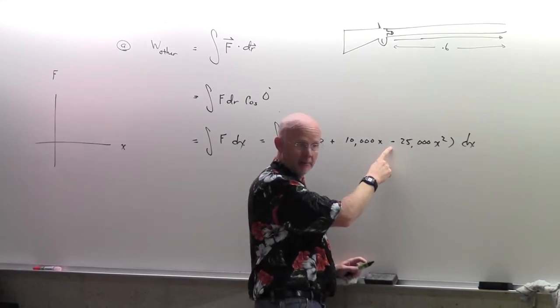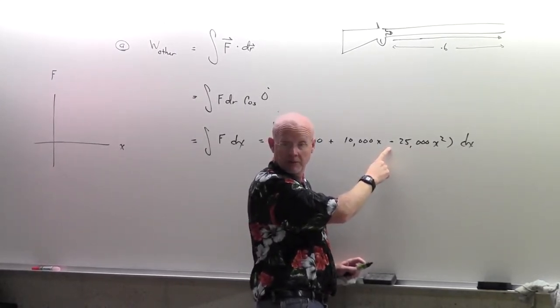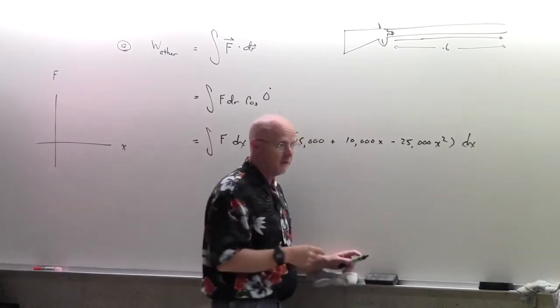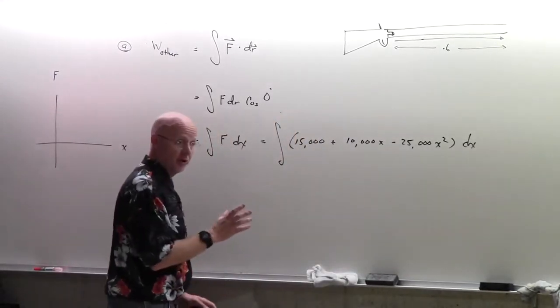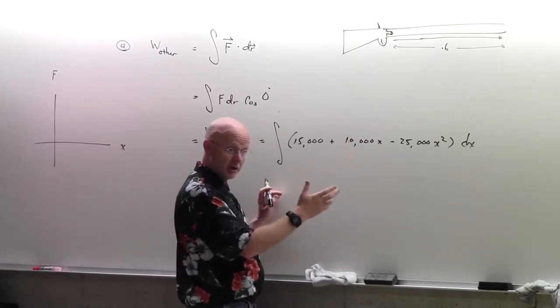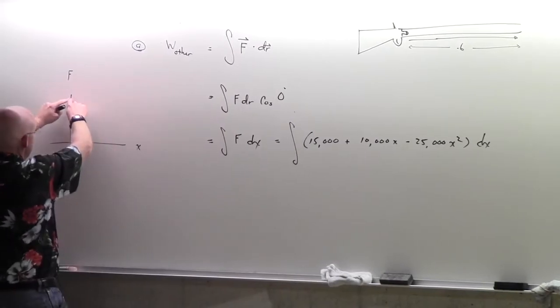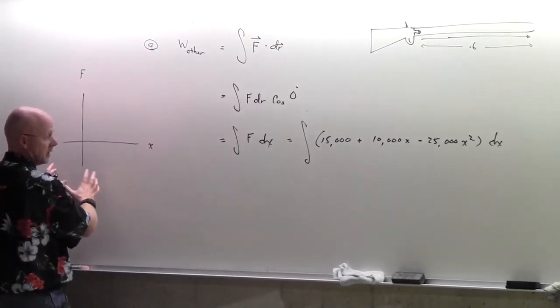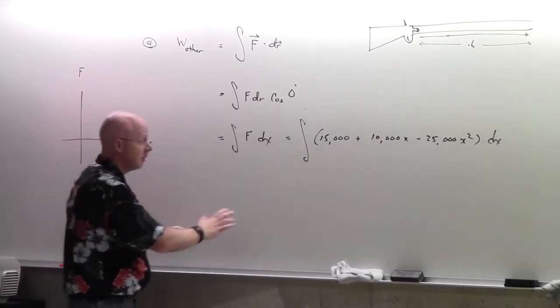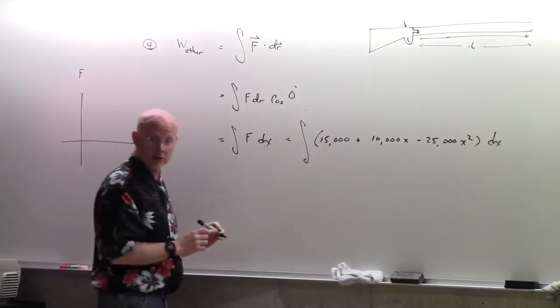And it is a parabola concave down, isn't it? I also notice, because of this term, it is not a symmetric parabola. That is, it is not centered around x equals 0. It is shifted over in a positive direction.